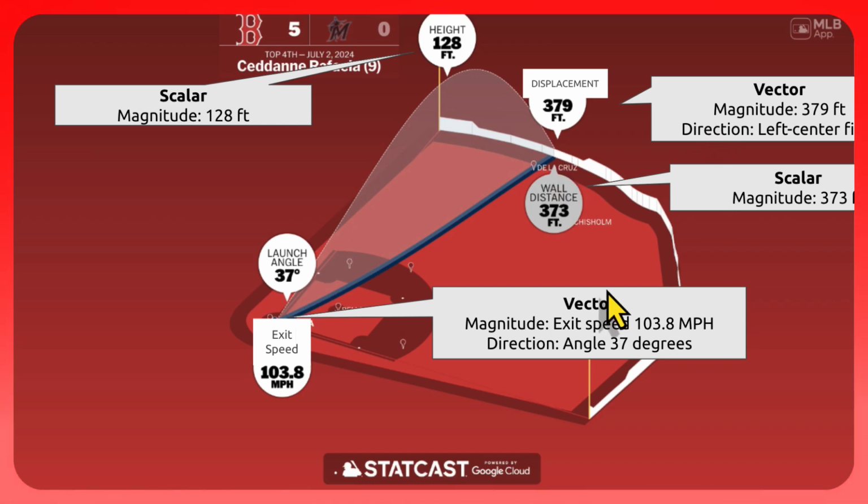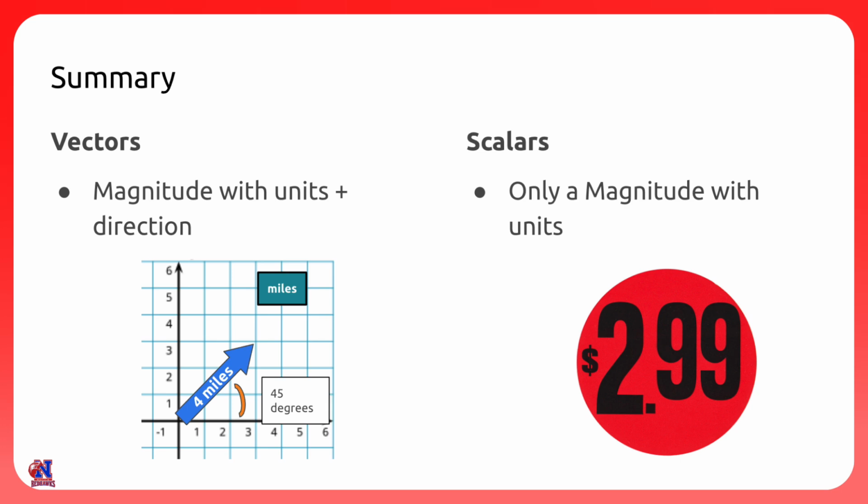This is a scalar, again the wall distance, and then the vector here, again, of exit speed and launch angle. So we can see here how scalars and vectors can be used together to describe a single event. In summary, vectors have a magnitude with units and a direction, and scalars have only a magnitude with units, and that is vectors and scalars.